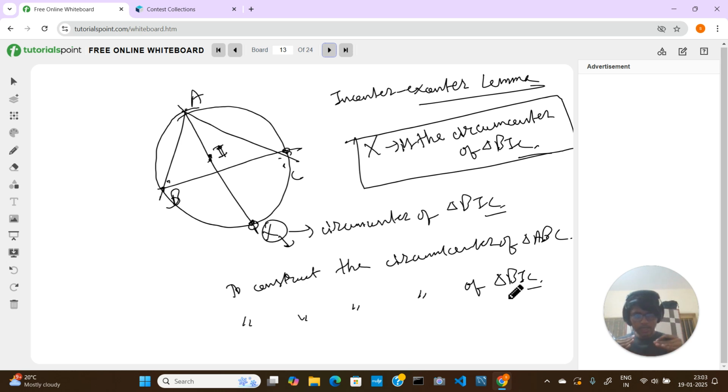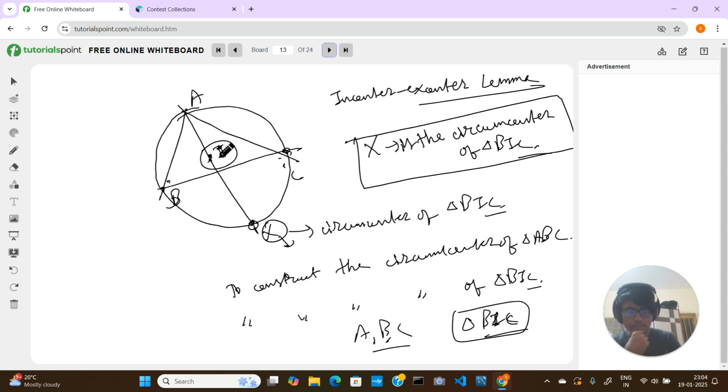Constructing the circumcenter of triangle BIC is also essentially the same problem, to construct the circumcenter given 3 points. But the nice thing about this is A, B, and C were random points, but here the triangle BIC is not something random. I is the incenter. So you can possibly get more information about this triangle BIC.